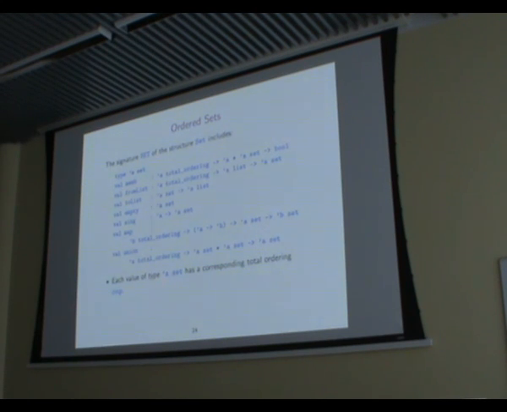The idea is that every value of type a set is supposed to have a corresponding total ordering comp. And so for union, you give it a first parameter, which is the total ordering, and then you give it two sets, which morally had better correspond to that total ordering. And what comes out will be the union, which will also correspond to that total ordering.